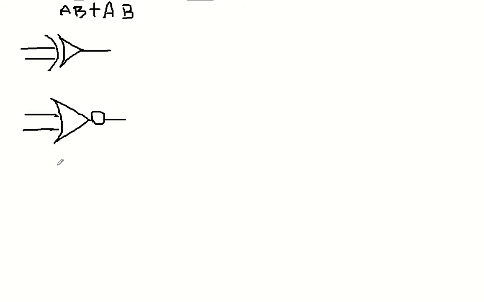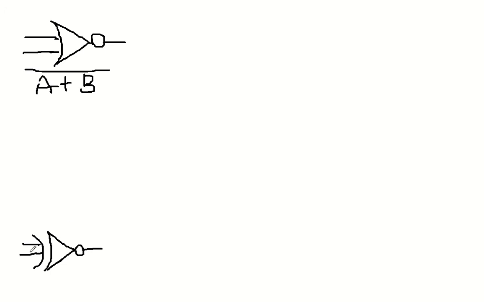If you want to write the expression for the NOR gate, it will be A plus B whole bar. So making it using NAND is possible. Making XNOR using NAND as well is also possible.